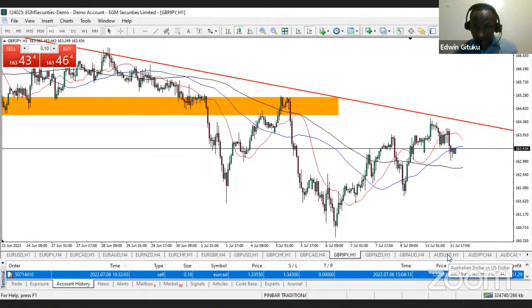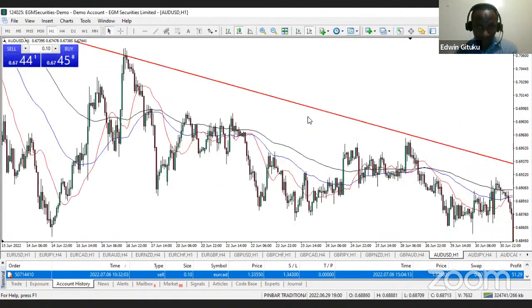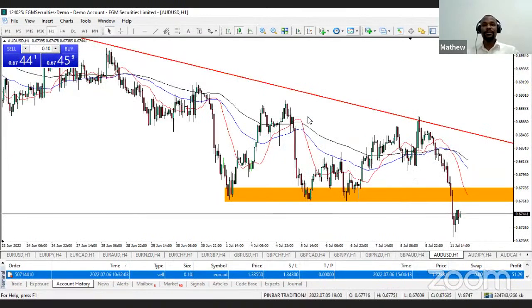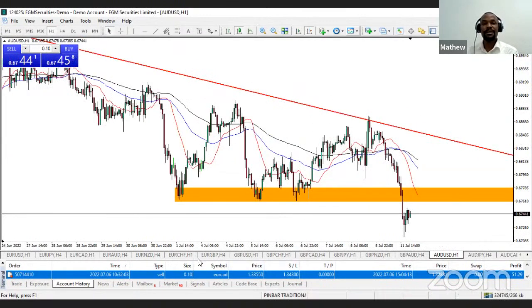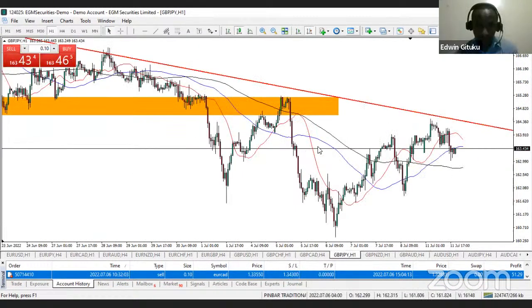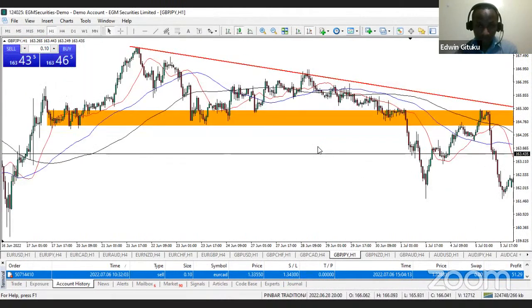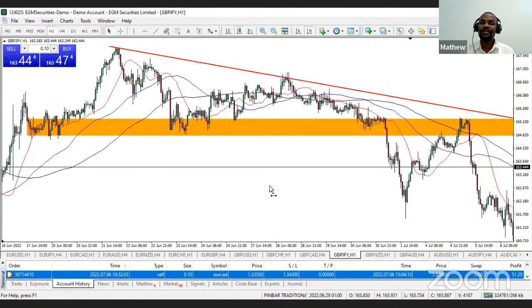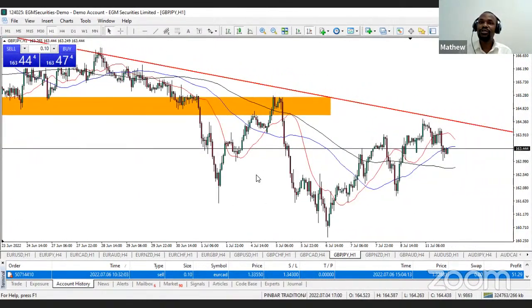If you look at Aussie against dollar... Edwin, before you go, if you go back to the same currency pair, that zone, because we're not talking about a specific level, is still holding strongly. Look at the current price level. It's testing that zone again and pulling off.